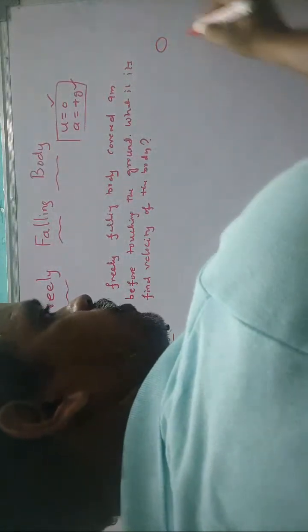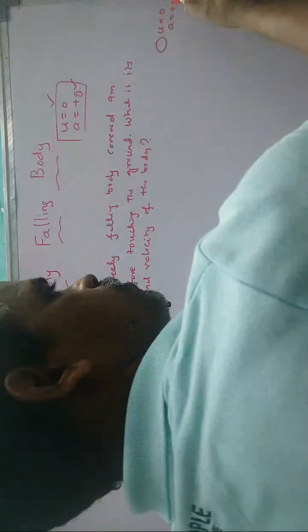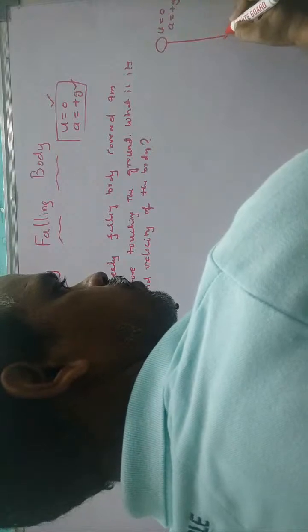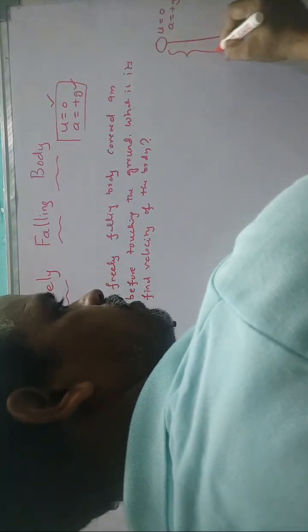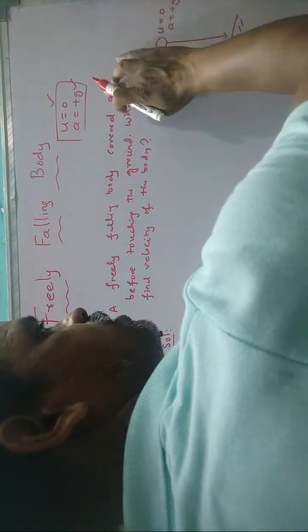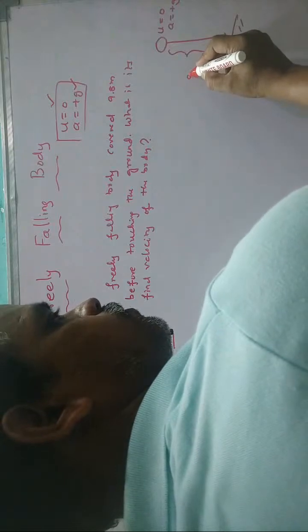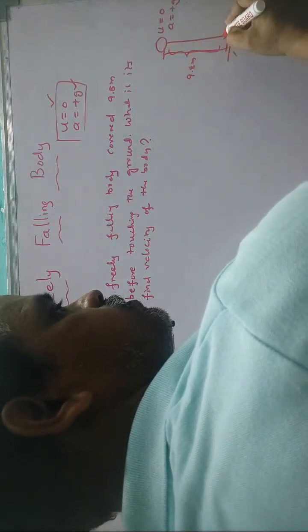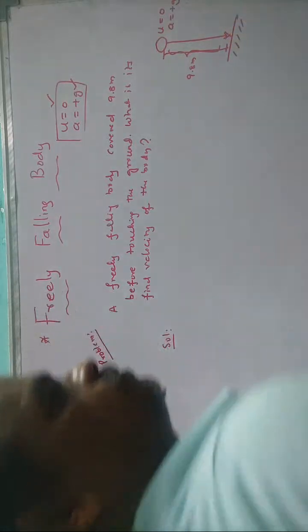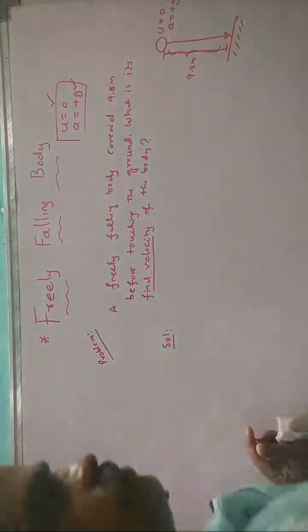So here, a freely falling body means you have to take two conditions: u equal to 0, a equal to plus g. The body will come down to the earth. It traveled 9.8 meter, from here to here, the distance before touching. So my question is, what is the final velocity?